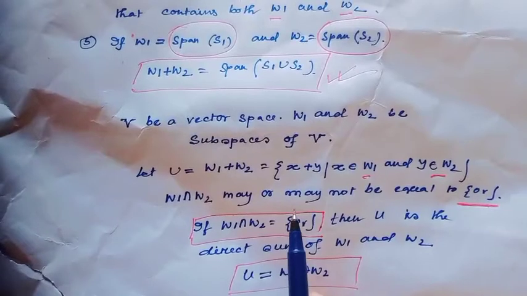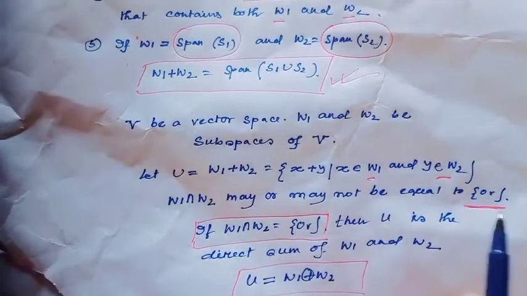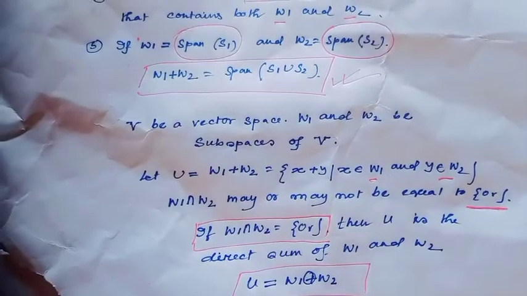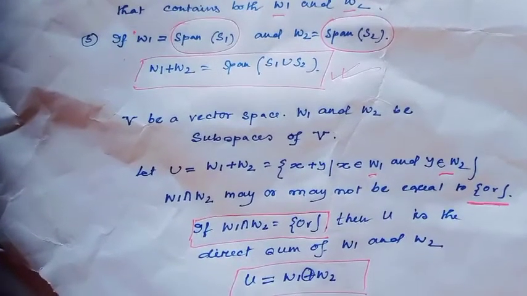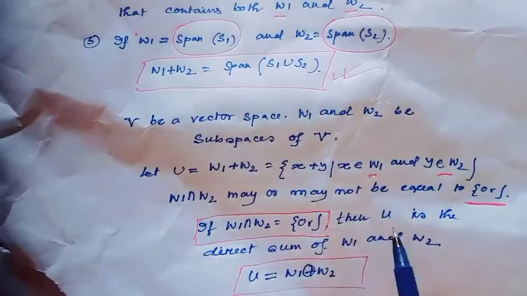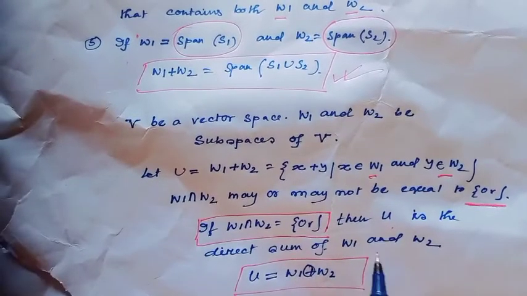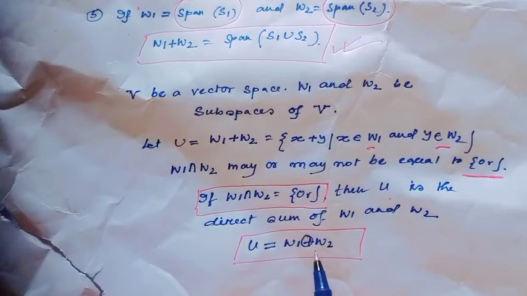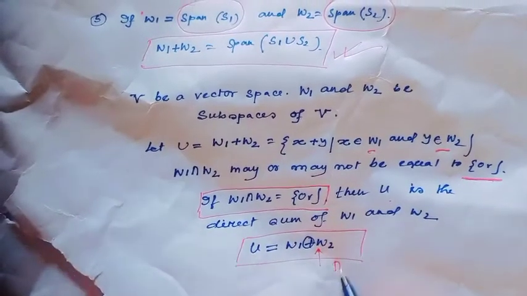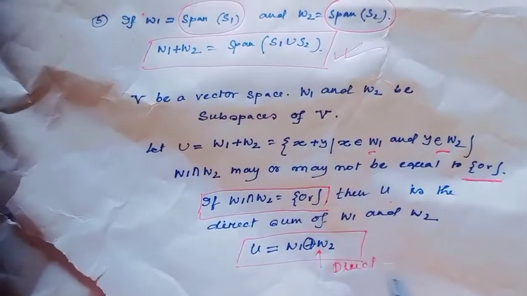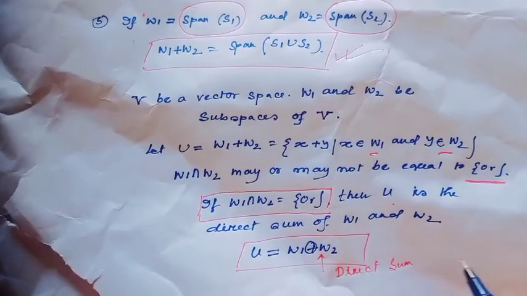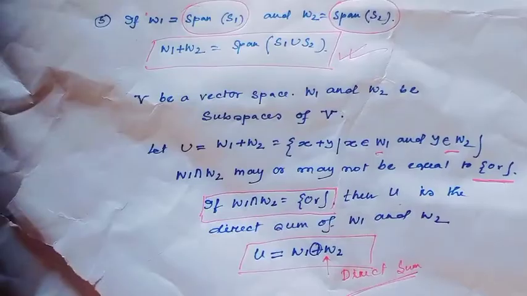W1 intersection W2 may or may not be equal to the 0 vector. It can be other elements. If this is the 0 vector, then U is the direct sum W1 direct sum W2. This is the concept of direct sum. Today I will discuss some questions about this concept.